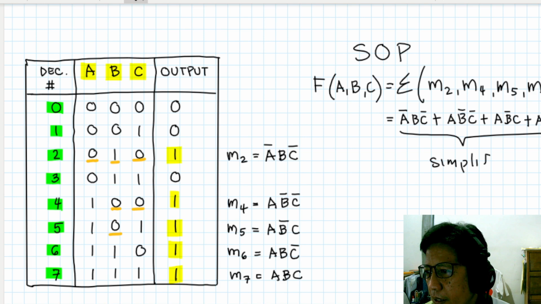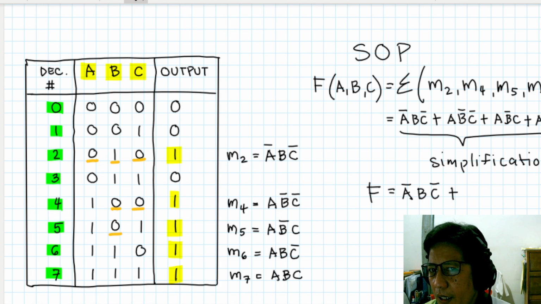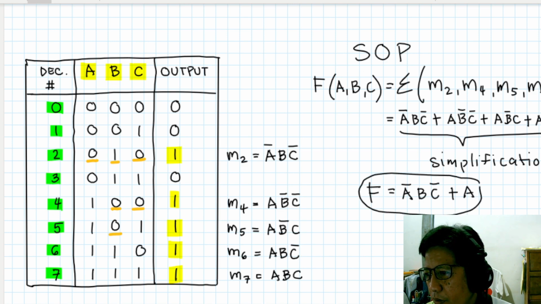After simplification, the outcome is the function equals A prime B C prime plus A. And we can use this as our equivalent function for the given truth table.